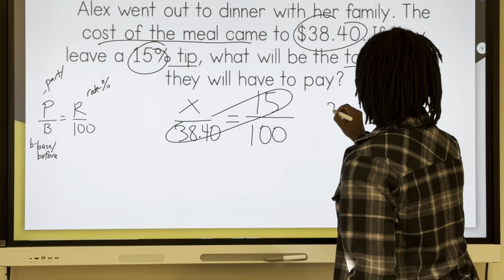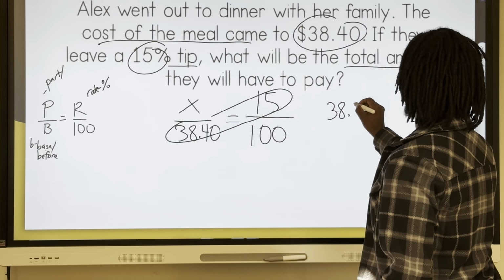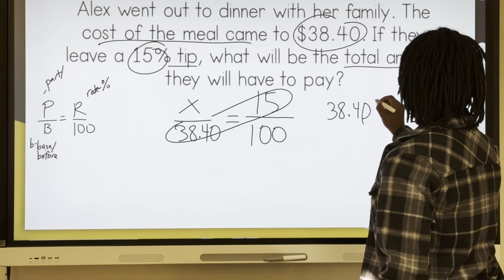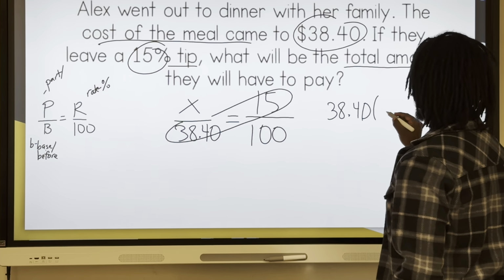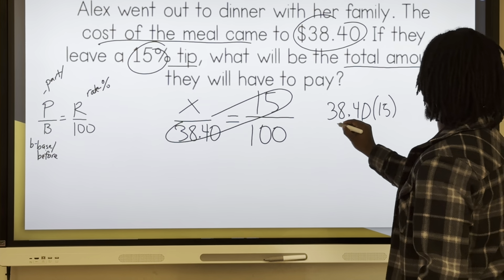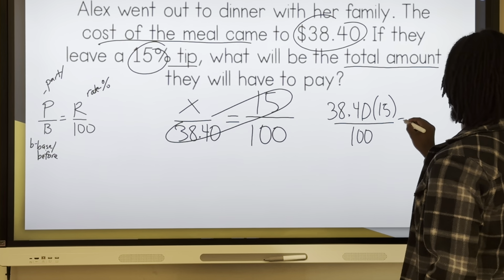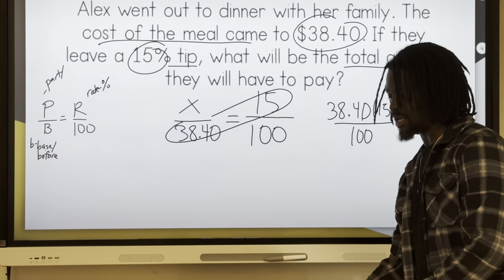So I'm going to do $38.40 times 15, and when I get that answer, I'm going to divide it by 100, and that is going to give me X.